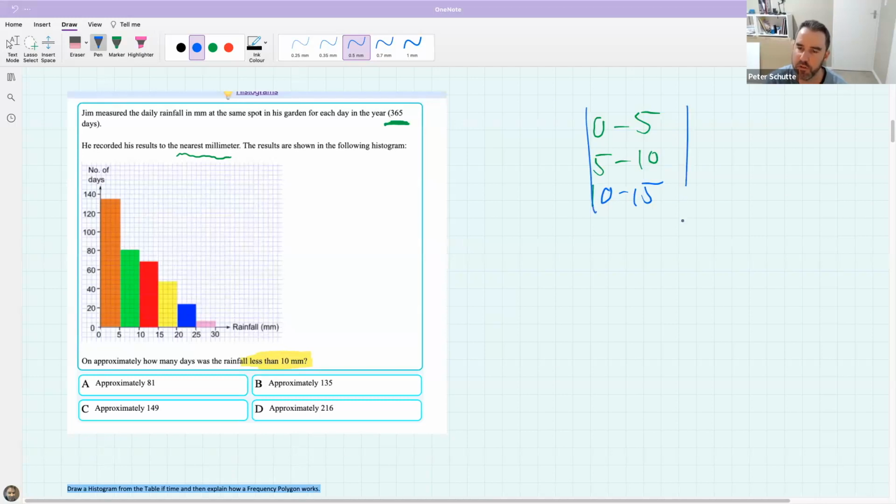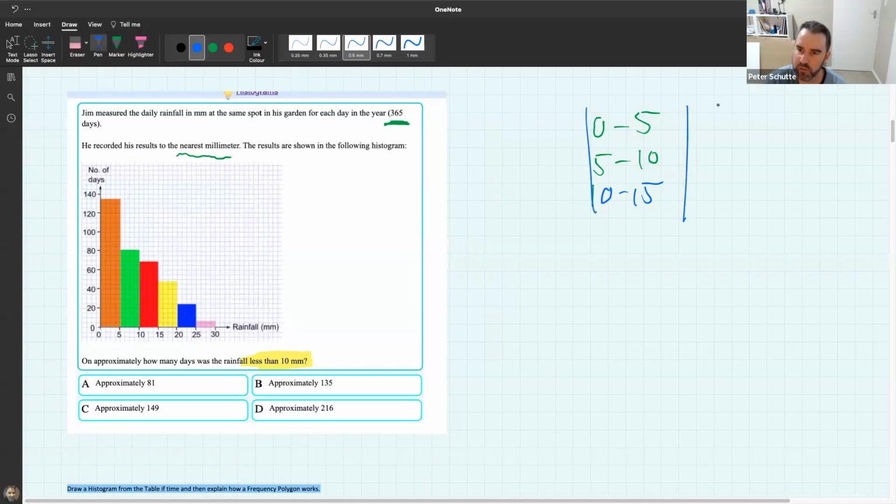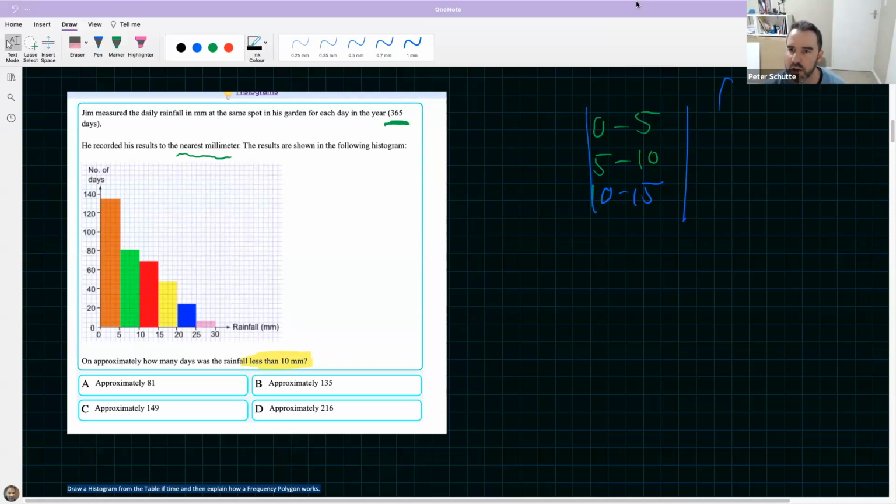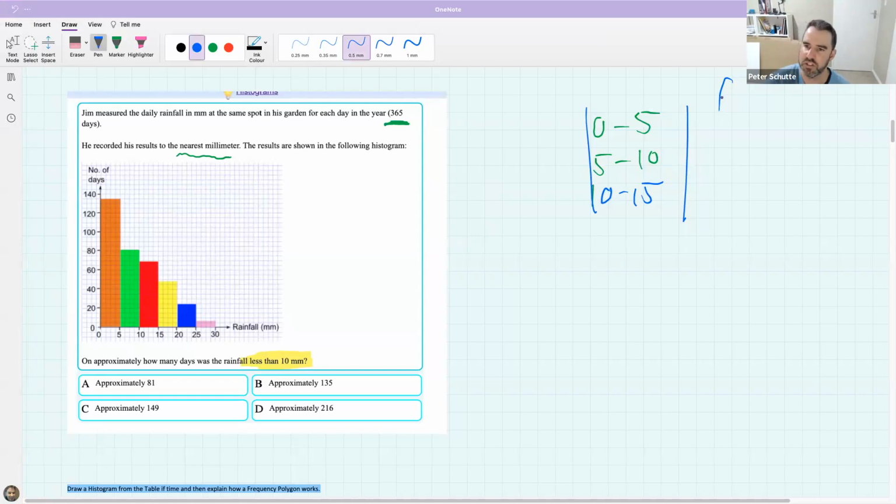Now, if you didn't have the frequency column, oh, sorry, my whole computer just changed color. So what you're saying is if you had the cumulative frequency, like that was 6, that was 14, that was 26, I'm making numbers up.